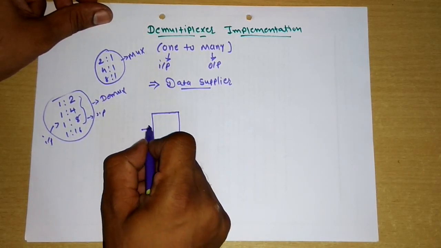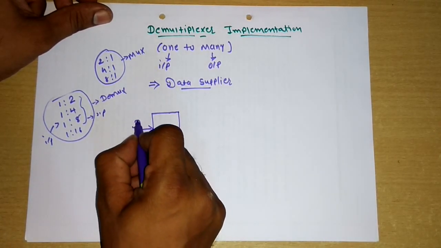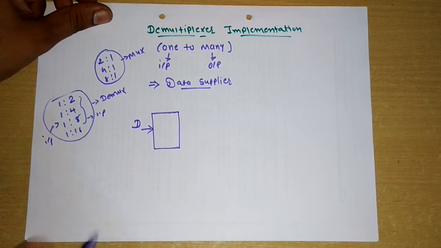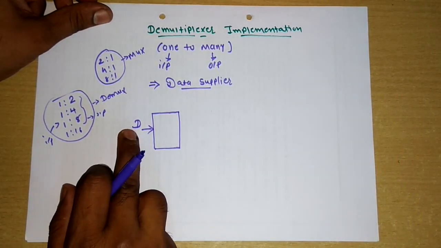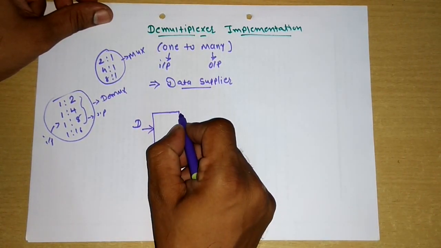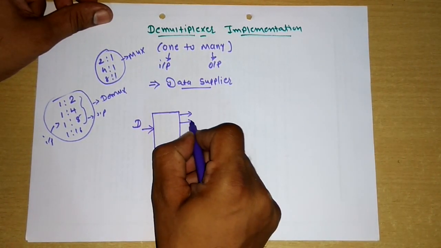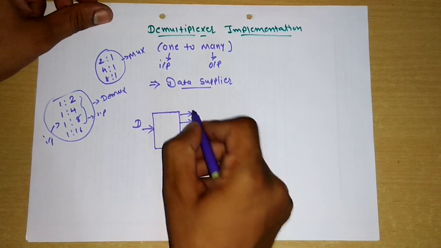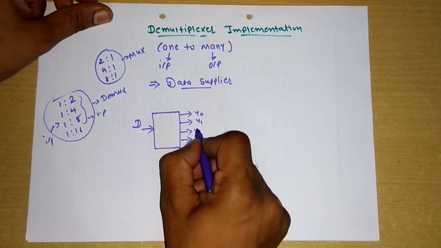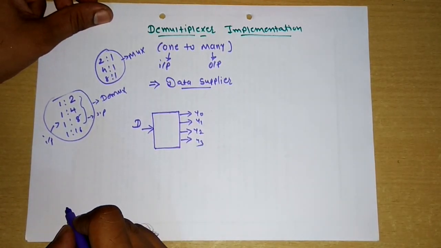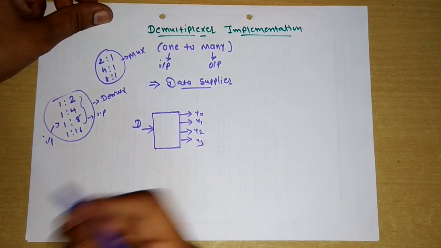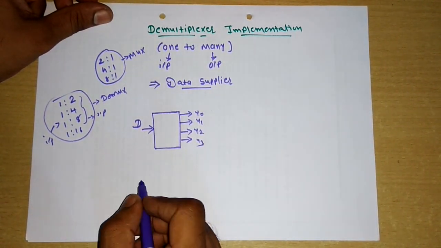In the block diagram of the demultiplexer there is only one input, that is D. All other situations and combinations are the same. So when you have one input and, let's say, the number of outputs is 4, they are y0, y1, y2 and y3. What is the task that the demultiplexer does?